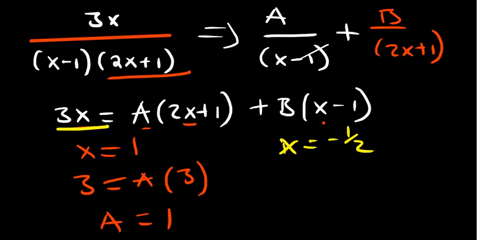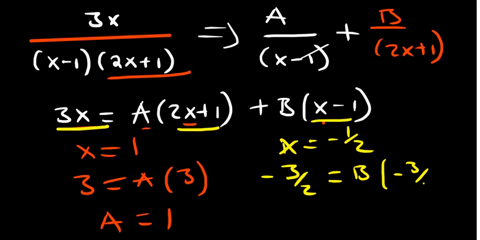So that part will be negative 3 over 2. And this part will be a 0. That part is going to be b, then where is x, we're putting a negative 1 over 2. So we basically have negative 3 over 2. Because if you say, okay, negative 1 over 2 minus 1 there.